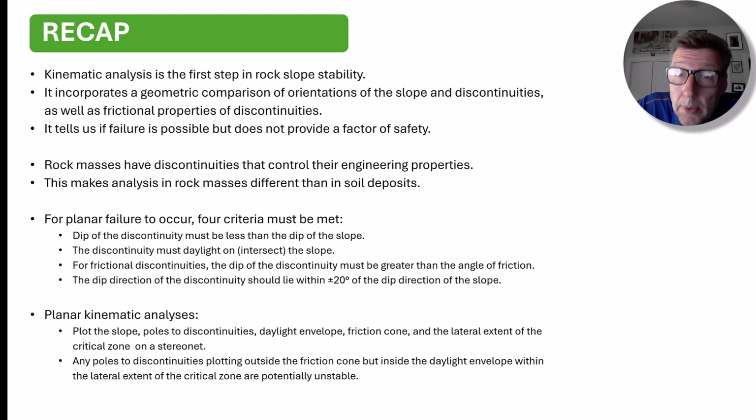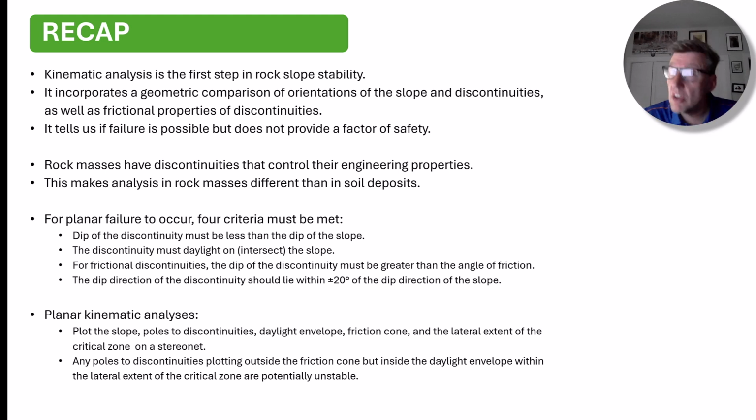So remember, kinematic analysis is really the first step in rock slope stability. It incorporates a geometric comparison of orientations of the slope and discontinuities, as well as frictional properties of discontinuities. Here's the big thing: kinematic analysis tells us if failure is possible. It does not give us a factor of safety.